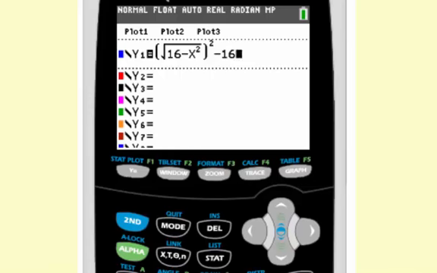Okay, that's my f of g of x. Just take a minute to look at how it's entered. You have parentheses, and then the square root of 16 minus x squared, and then that whole thing is to the second power, then minus 16.